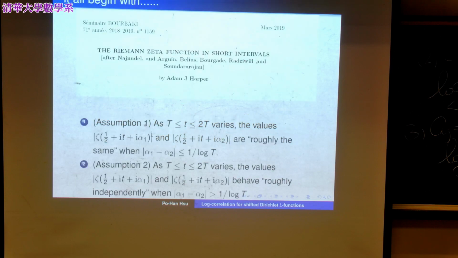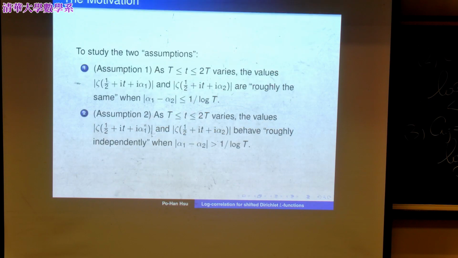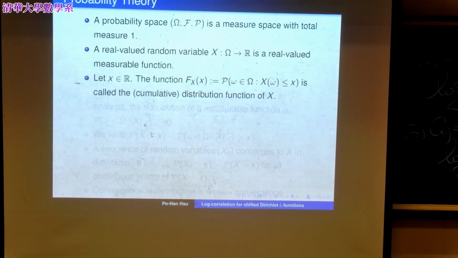Okay, I see. So my second question is about the conditions on C for your result. Could you please clarify, for what kind of C is it independent, and for what kind of C is it not? Sure.